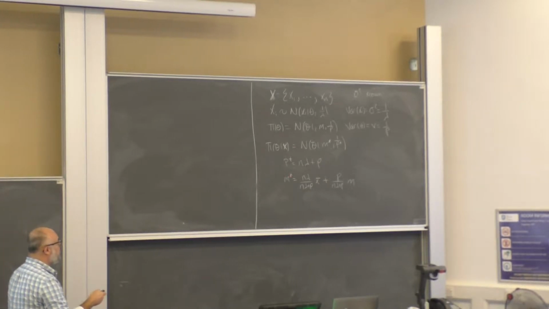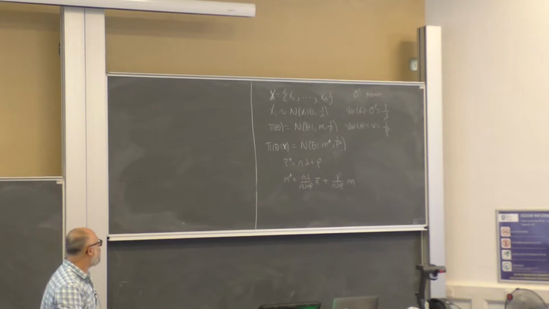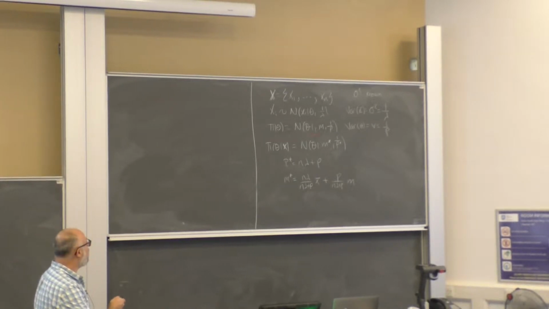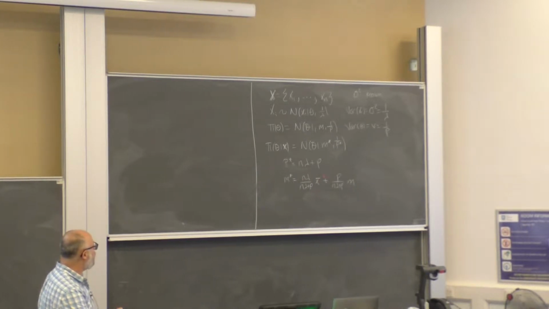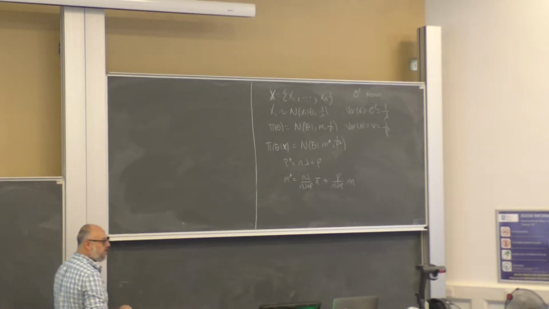The posterior precision is the prior precision plus n times the precision coming from the likelihood, and the posterior mean is a weighted average of the MLE, the maximum likelihood estimator, and the prior mean, and the weights are proportional to the corresponding precisions, right?